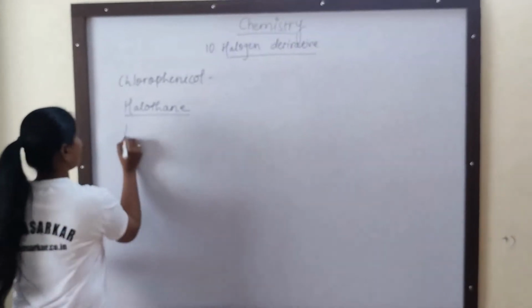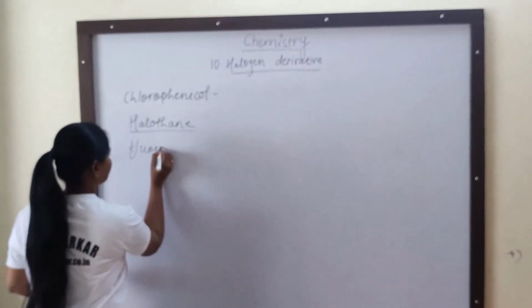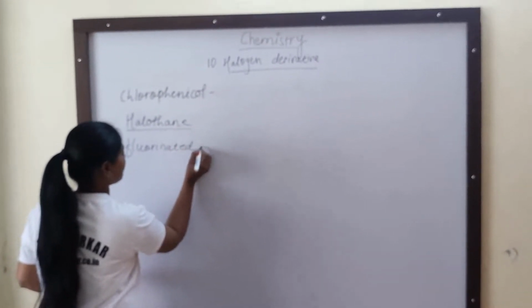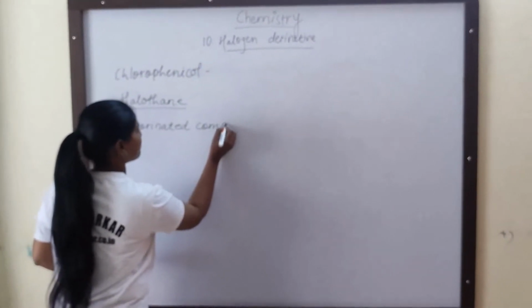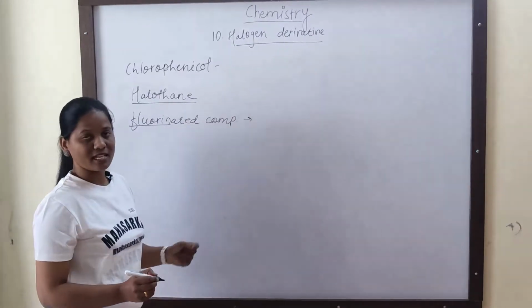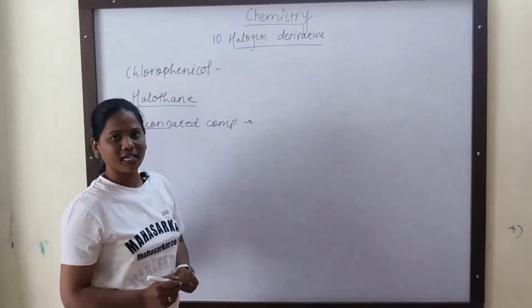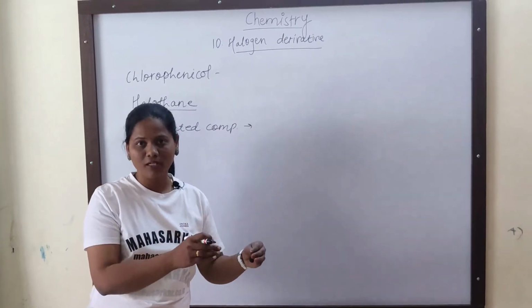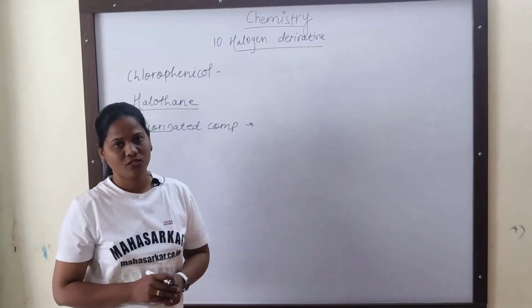Next is fluorinated compound. Now what is the meaning of fluorinated compound? A fluorinated compound means an organic compound which contains the fluorine atom as a halogen. So the fluorinated compound is used as a potential blood substitute in surgery. Okay.